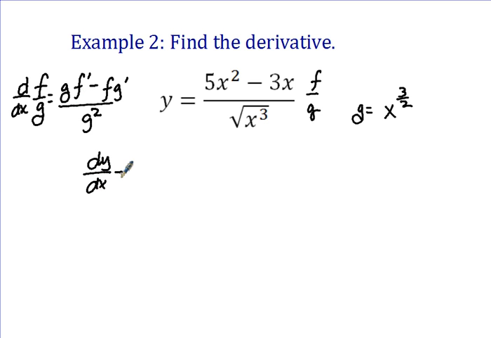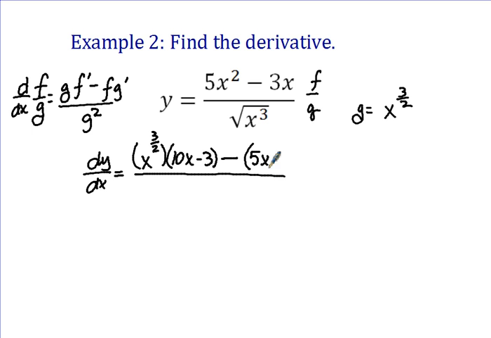So my derivative is equal to g, which is x to the 3/2, times f prime, or the derivative of f, which in this case would be 10x minus 3, minus f times g prime.